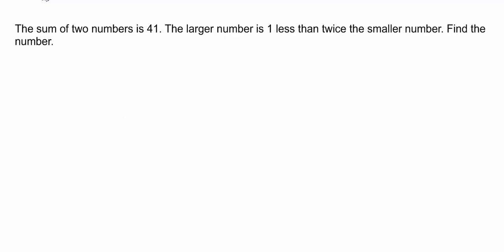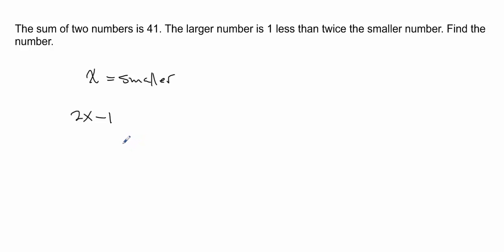Suppose I have this problem that says the sum of 2 numbers is 41. The larger number is 1 less than twice the smaller number. Well, the best way to do it is to start with let x be the smaller number, and then the other number would be 2 times the smaller number, and it says the larger number is 1 less than twice the smaller, so I have to subtract 1, right?